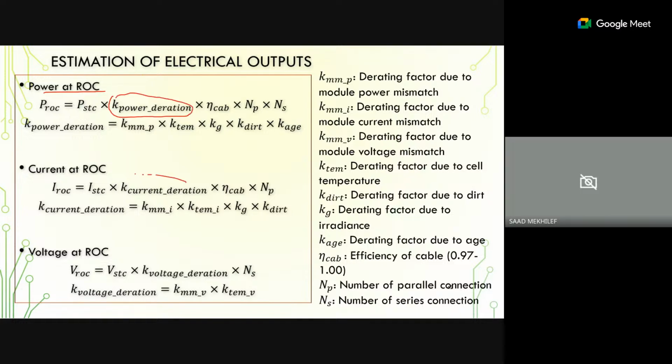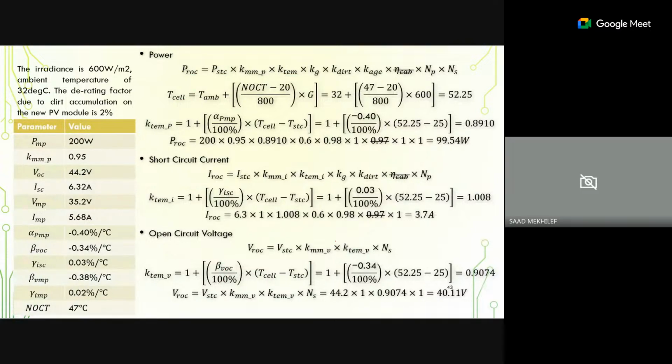Everything has a derating factor, even the current. You don't get the short circuit current, you always have a derating factor. Even the voltage has a derating factor. So we always have a derating factor in all of this. This is just an example.